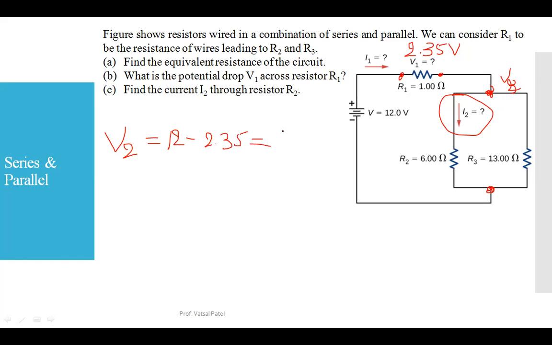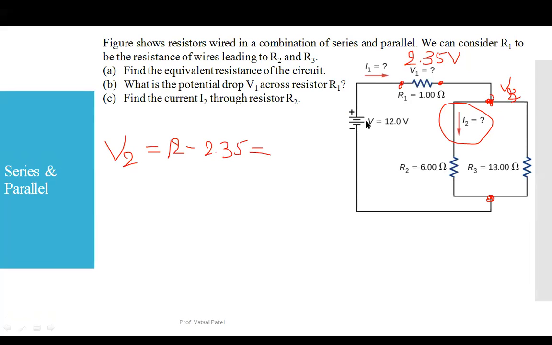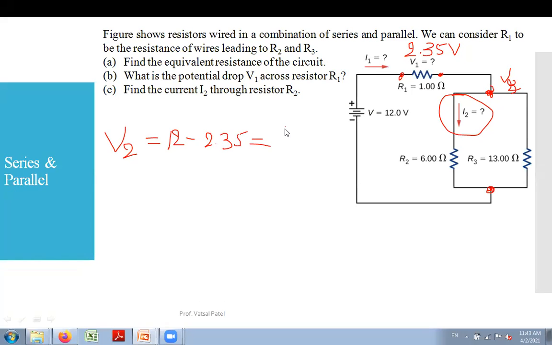So what is the value? 12 minus 2.35. So it is 9.65 volt. That is the voltage across the 6 ohm and 30 ohm resistance.